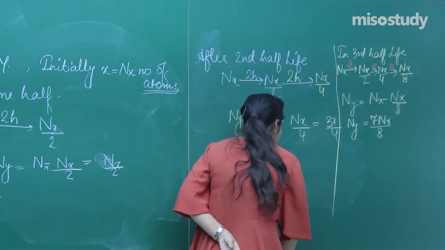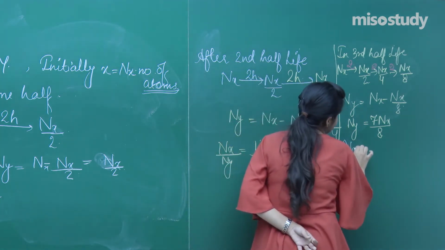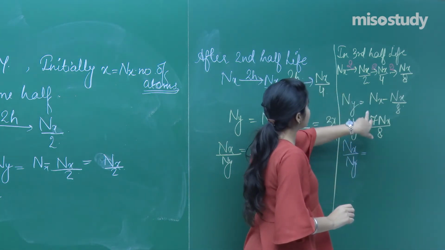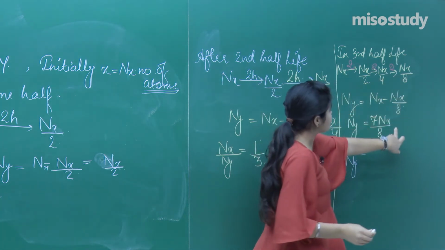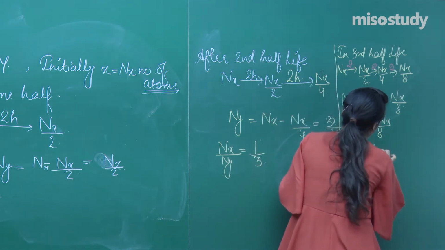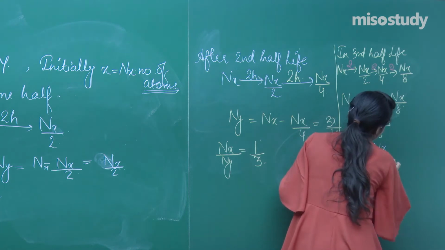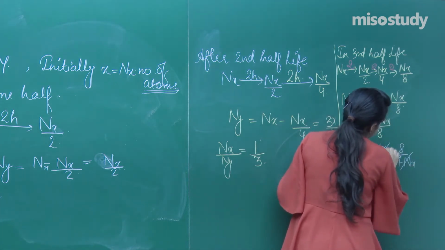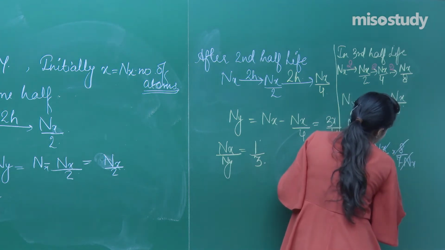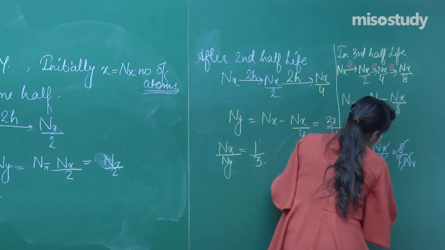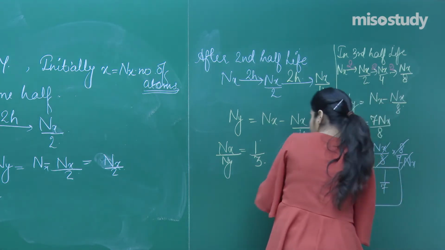Now we will again find the ratio of Nx upon Ny. So your ratio in this case will be Nx upon 8 divided by 7Nx upon 8, that is Nx upon 8 multiplied by 8 upon 7Nx. So you have 1 upon 7 as your ratio of the number of X to the number of Y.